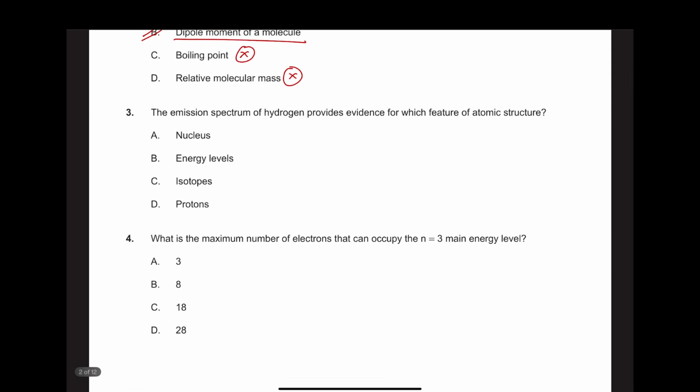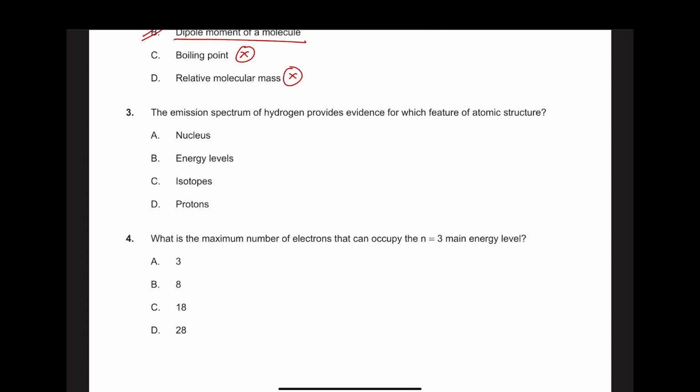Next, the emission spectrum of hydrogen provides evidence for which feature of atomic structure? Now, if you're looking into the emission spectrum, it is basically the analysis of the photons released by electrons when they return to their initial shell.